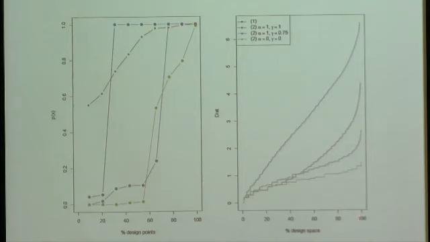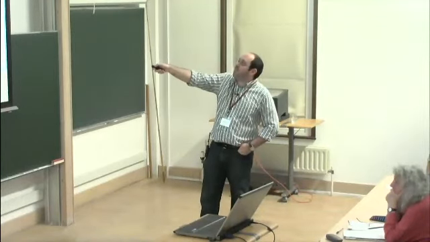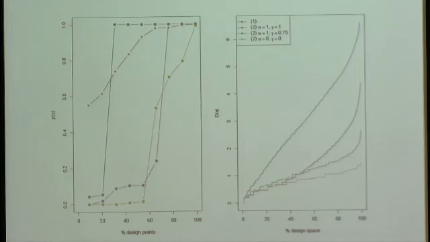So the lowest one is just the unweighted coverage design as we'd expect, and as we change the weight function we decrease the space filling properties of the design. Weight function 1 is the red line here, for example, but of course we trade that off by improving the sampling properties of our design in some sense.